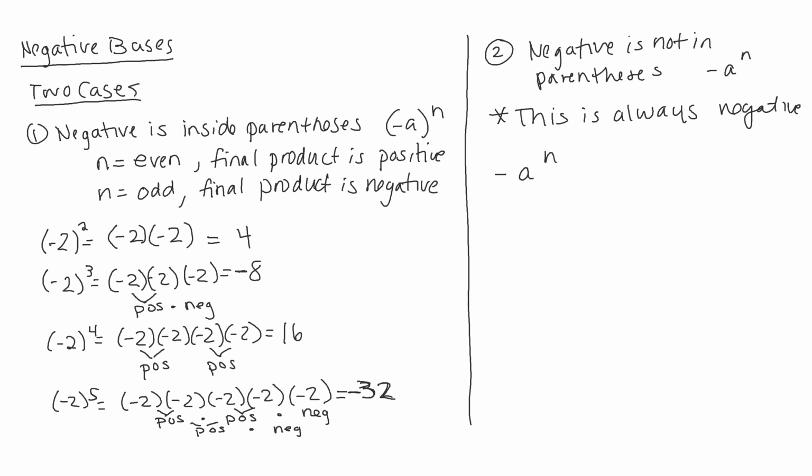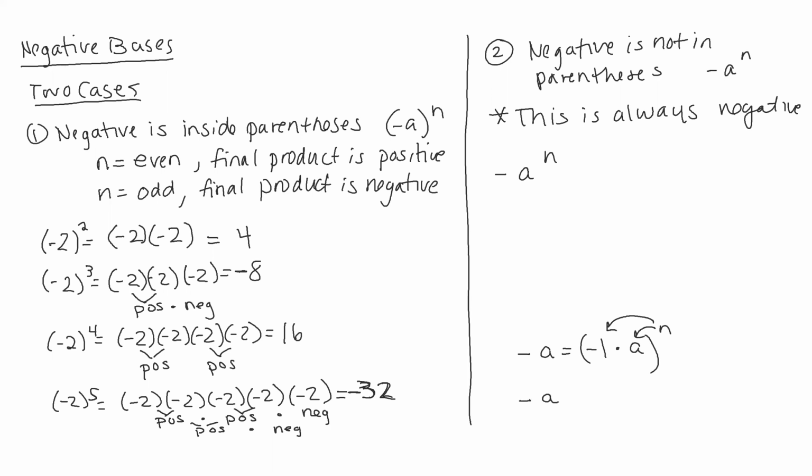The issue here is that the negative a is not in parentheses. In the first case, the negative a was in parentheses. That meant the negative and the a were bound together. And just keep in mind, negative a is really just -1 times positive a. So when I put that in parentheses, that exponent gets applied to both pieces.